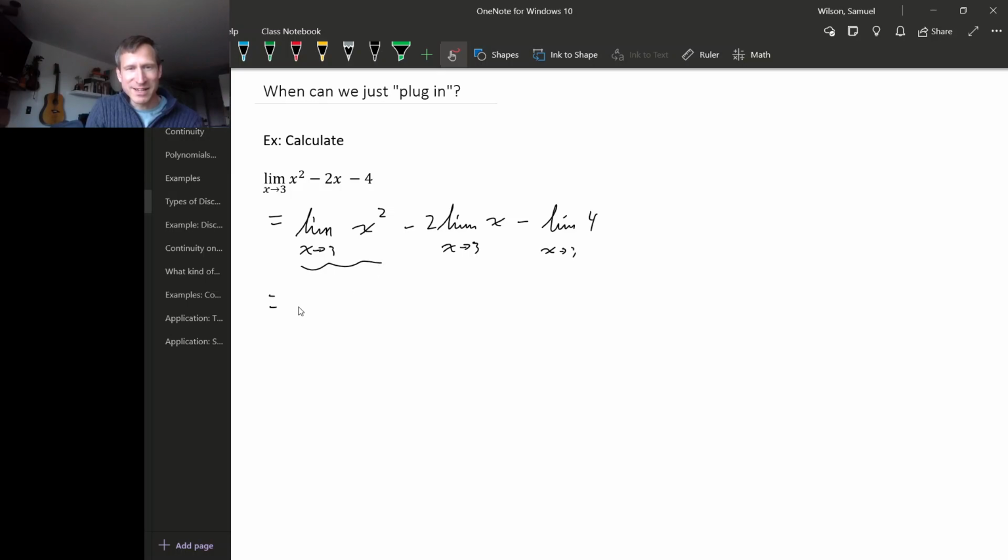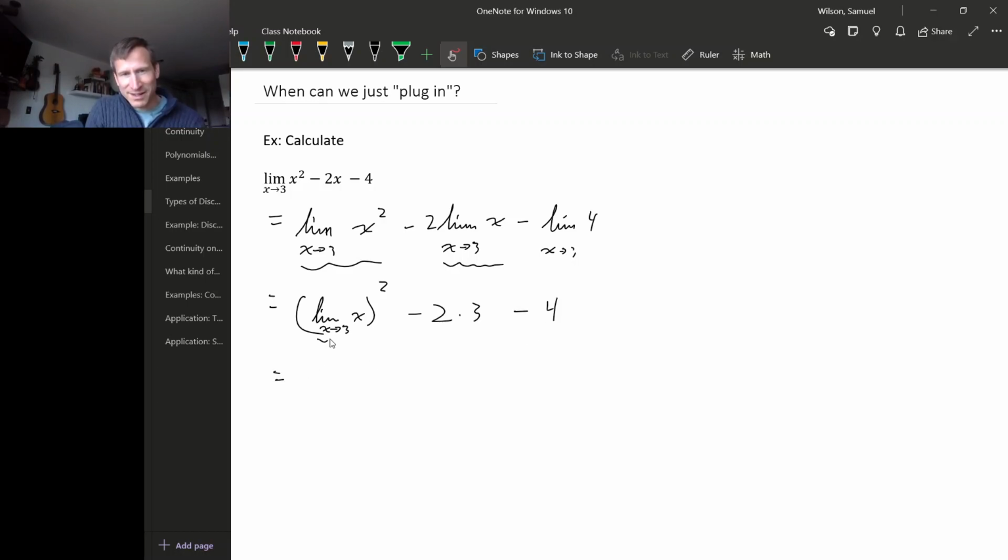This limit, we can then use the exponent rule for limits. So the square of the limit as x goes to 3 of x, minus 2 times, and then this limit, that's 3. And the limit of 4 as x goes to 3, that's just 4.